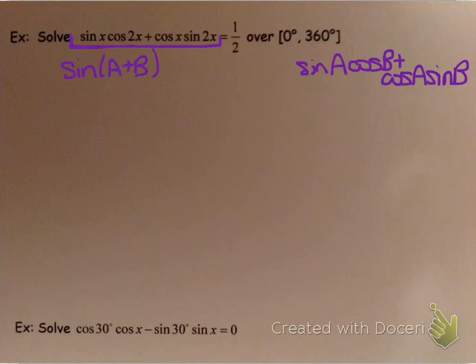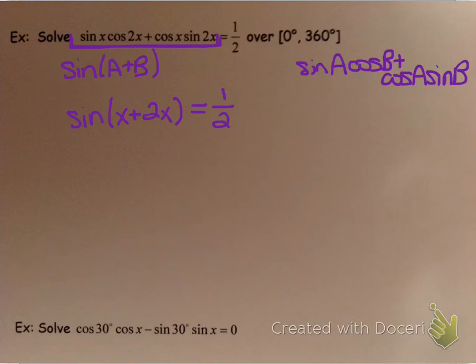We're going to take this whole left side right here and plug it into the short side of its identity. And so we would have sine of, angle A was x, and angle B was 2x, and it's equal to 1/2.